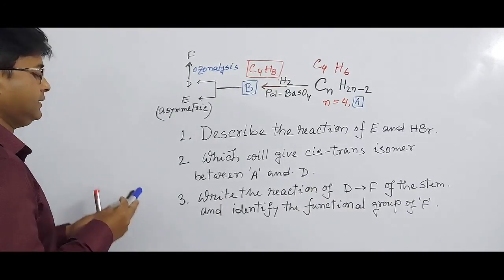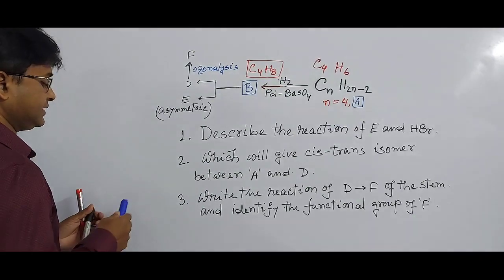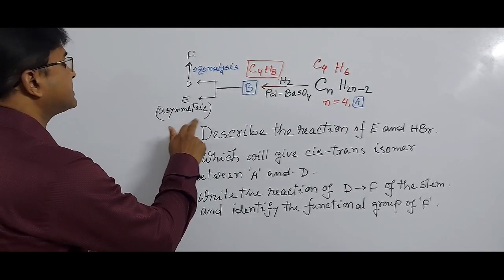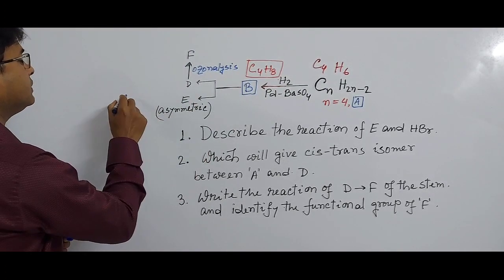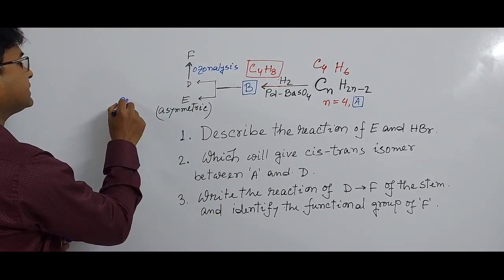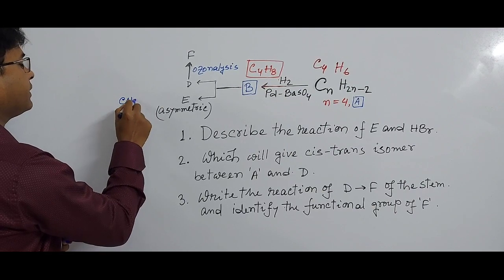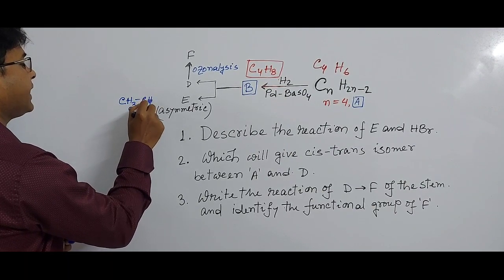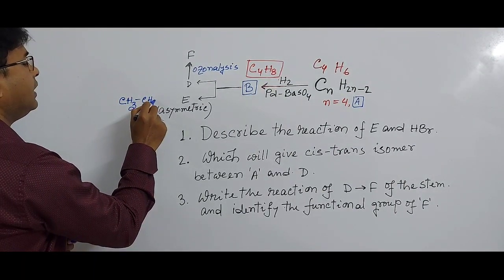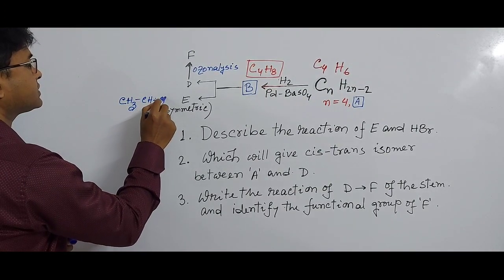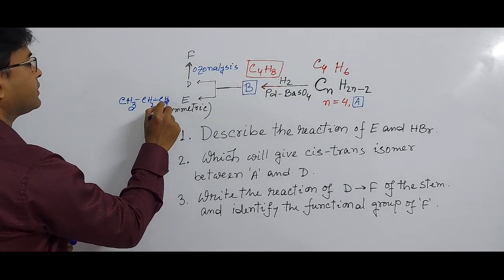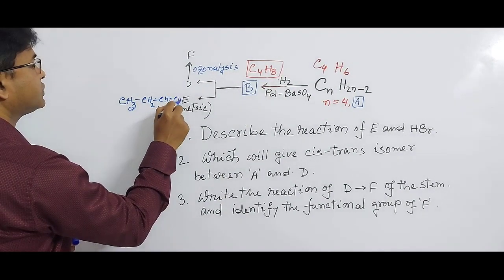Students, in case of the E isomer, it is given that it is an asymmetric alkene. So I can write here CH3 bond CH double bond CH2.